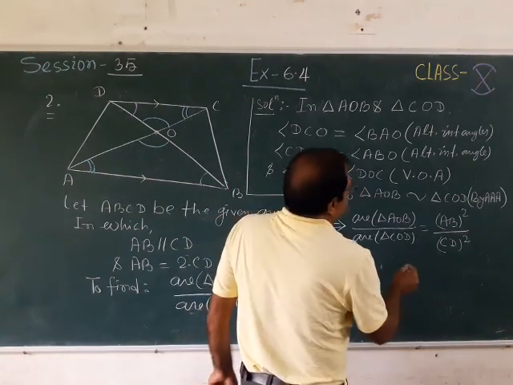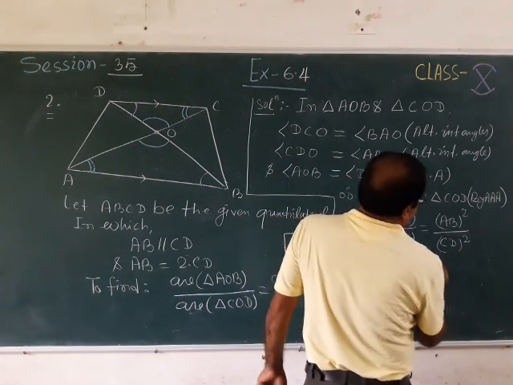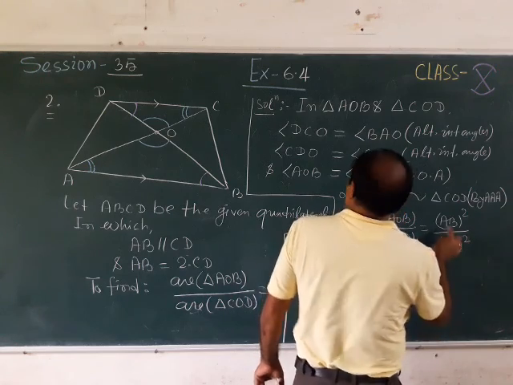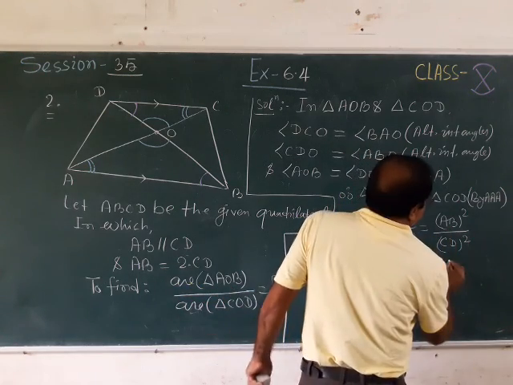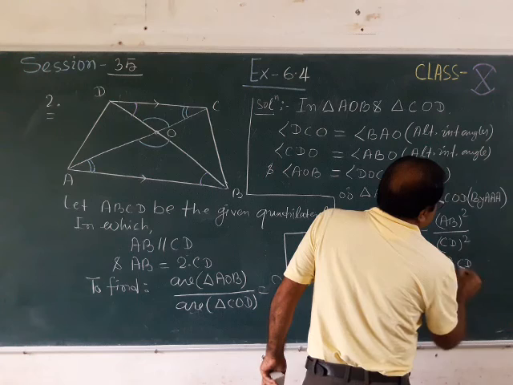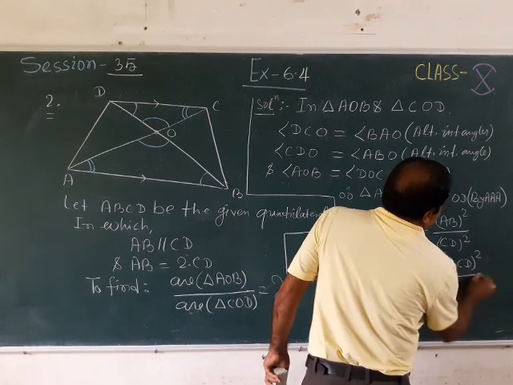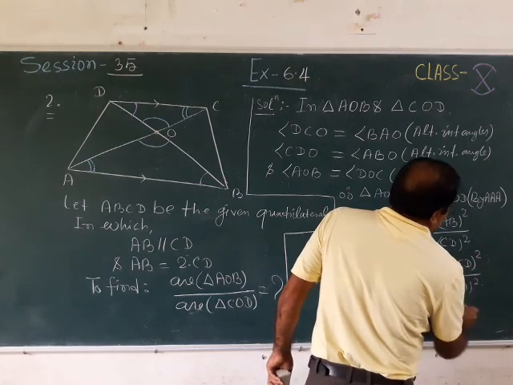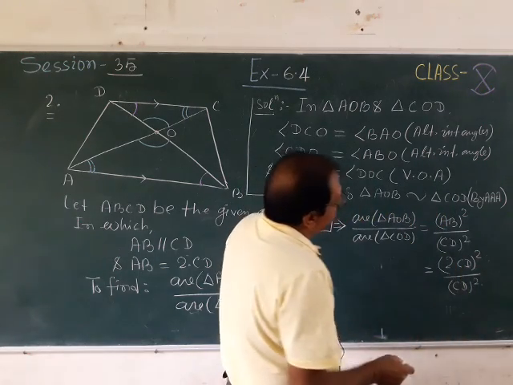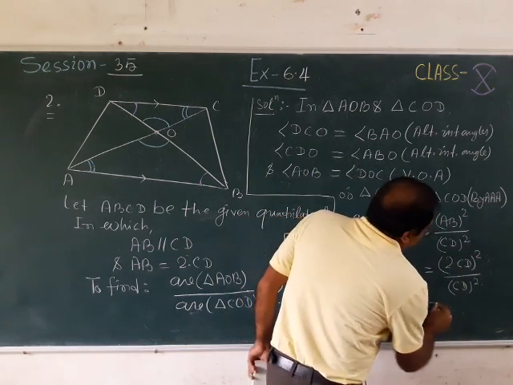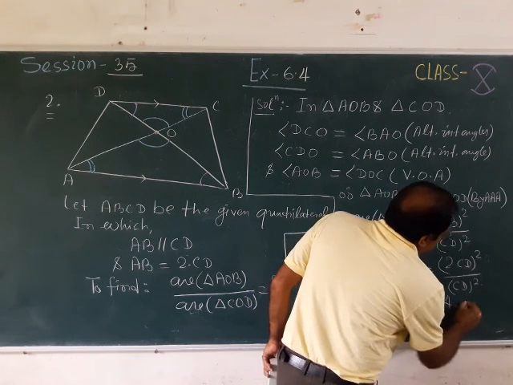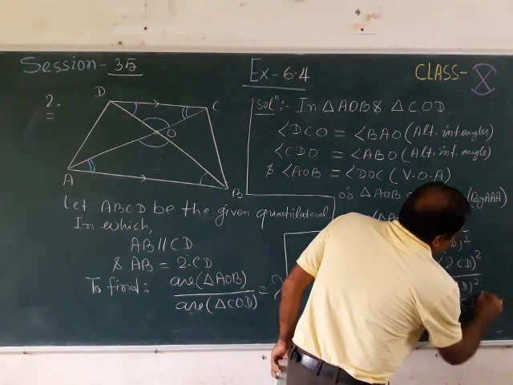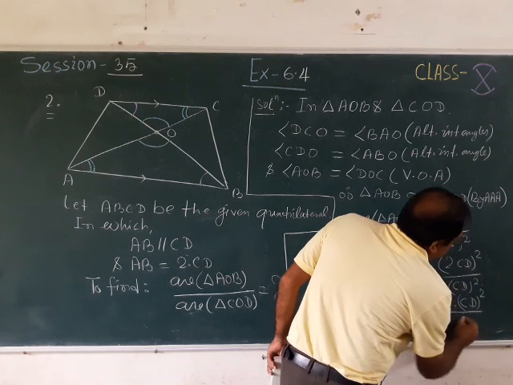Now what do we need to write? Here I can write AB square, where AB is equal to twice of CD, so I can write 2 CD squared upon CD square. Ultimately it will be equal to 4 CD square upon CD square.